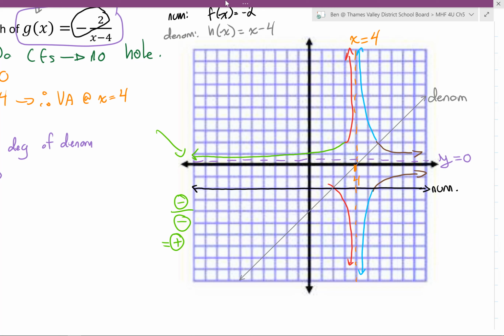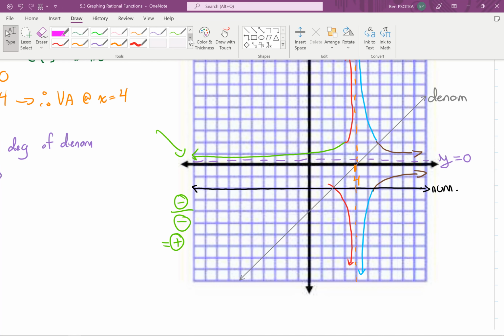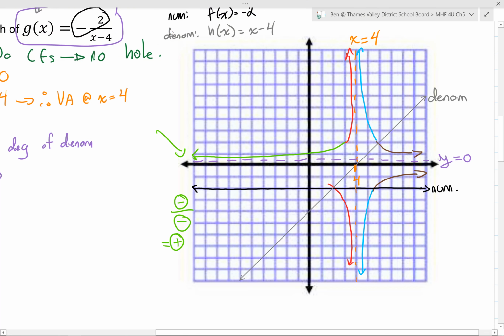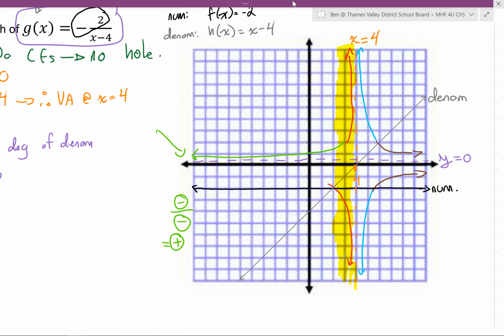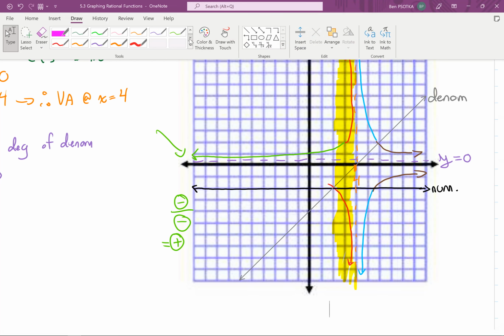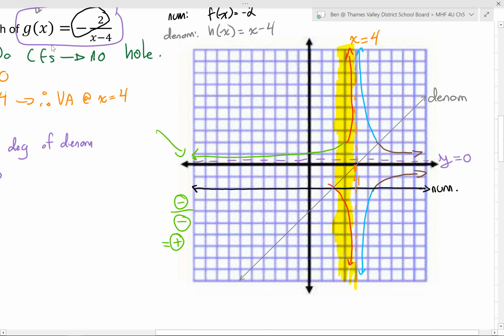Okay, next, into the red part of my function. Again, I'm looking at this part of my domain, and I'm looking at the numerator and denominator to check if they're positive or negative here. Nice and straightforward.